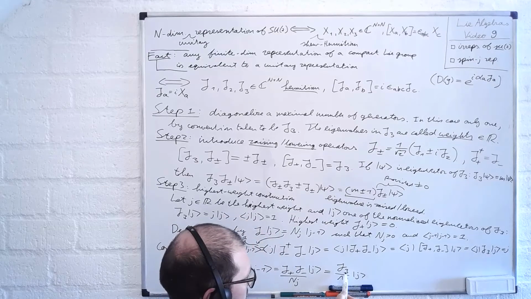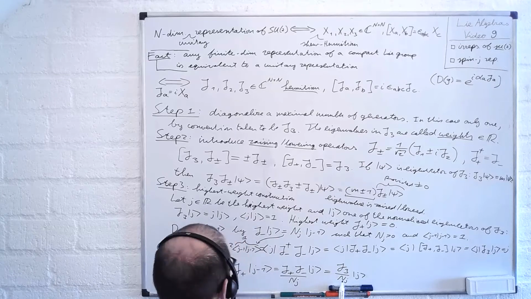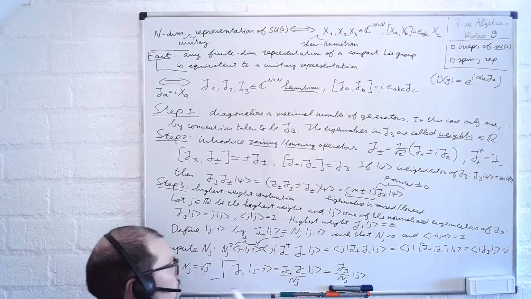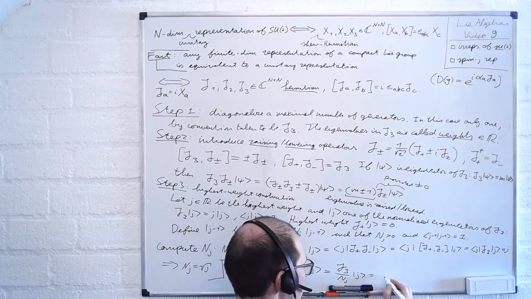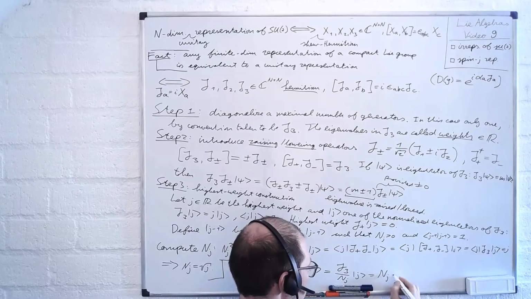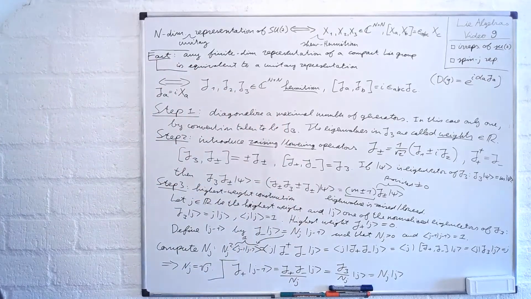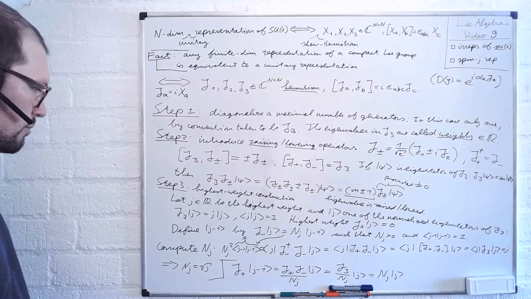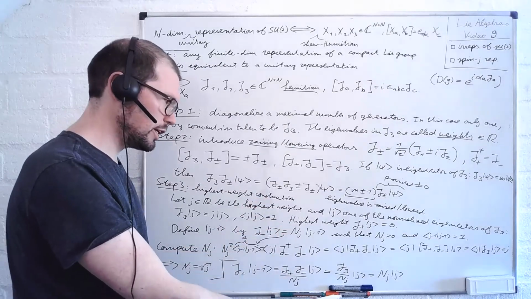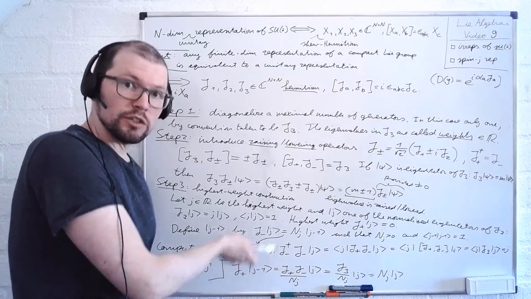But this has eigenvalue J, and n of J was the square root of J, so what we find is that this is just the square root of J times the highest weight state. So I can go down to |J minus 1>, and then with J plus, I'm going up again.